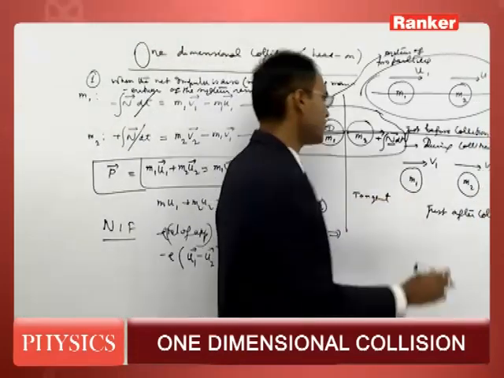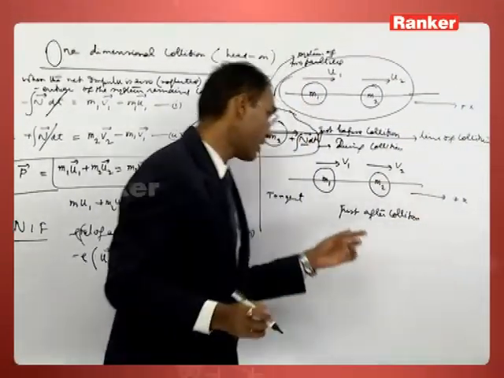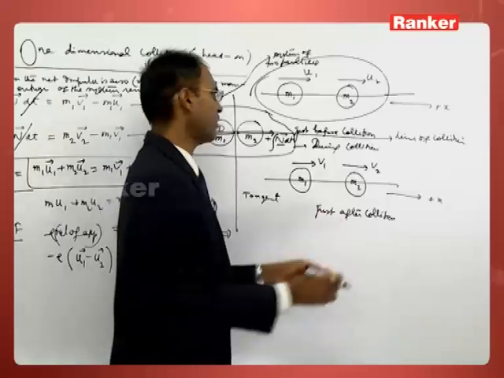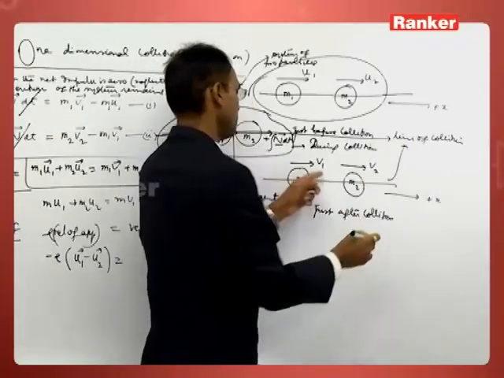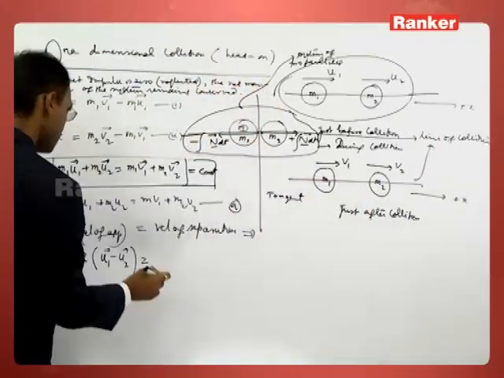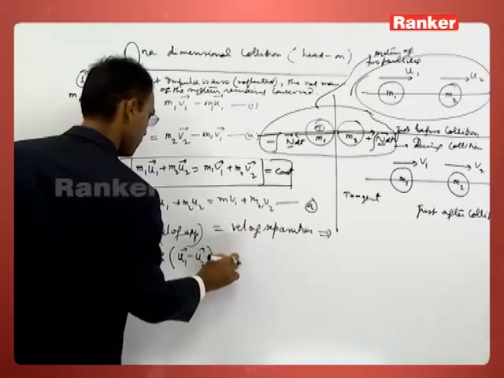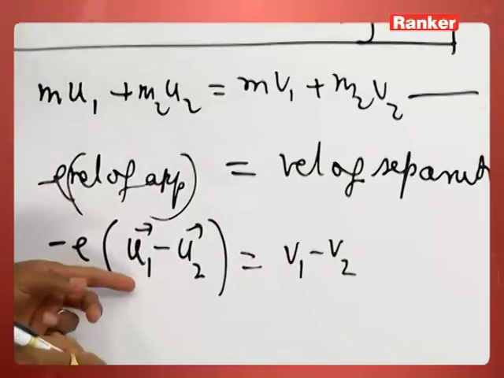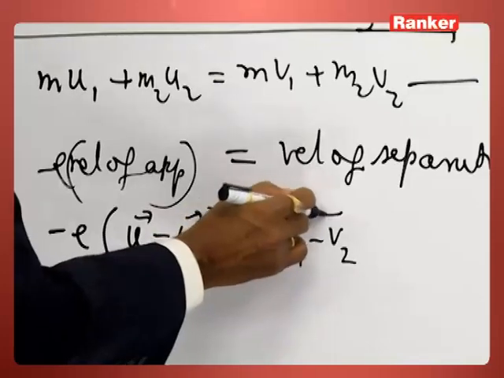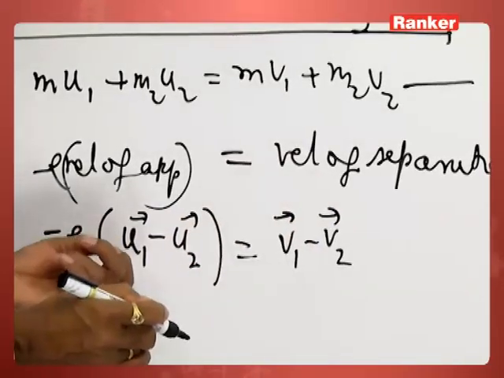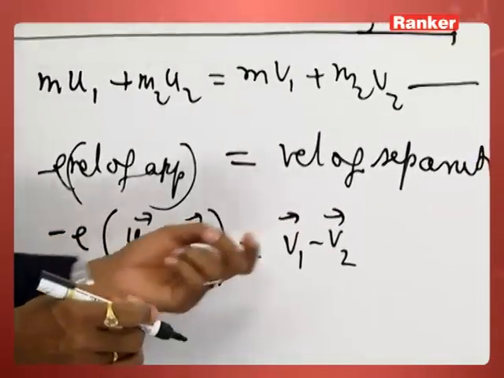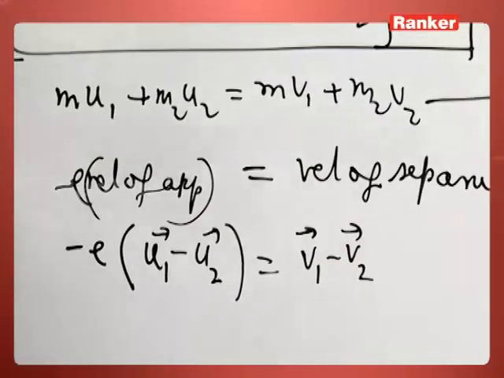Similarly, separation velocity is the relative velocity between these two bodies along the line of collision, that is V1 minus V2. If you write here U1 minus U2, you should write here V1 minus V2. If you change the order U2 minus U1, you have to write V2 minus V1.